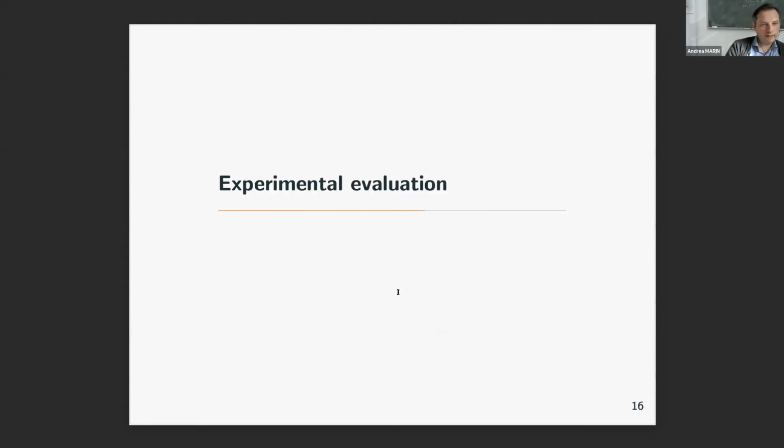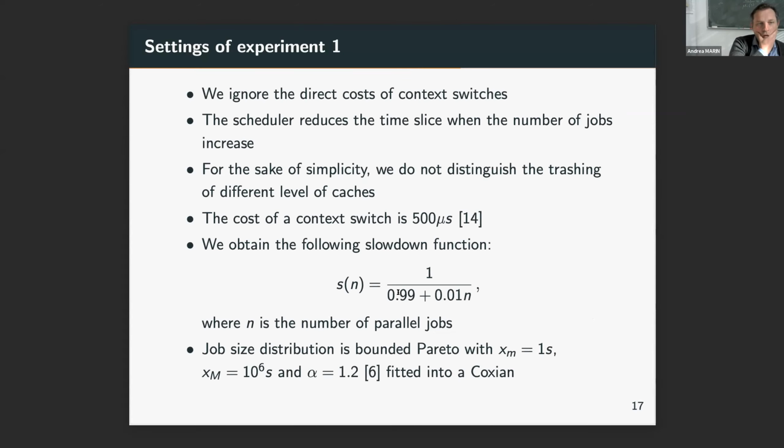Then we have the experimental evaluation. In this experiment, we ignore the direct cost of context switches, so we just pay the cost of thrashing the cache. The cost of context switch is also taken from the literature, and it's about 500 microseconds.